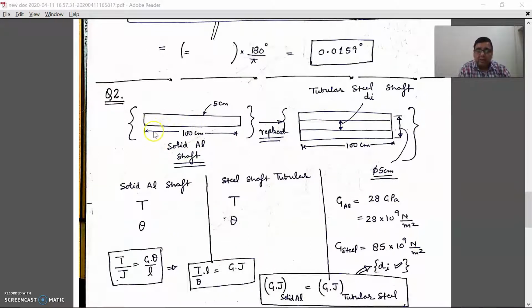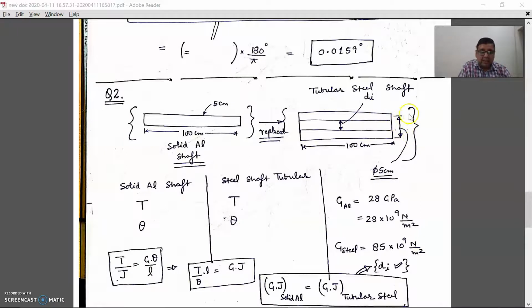Okay, so in this what he said is that they wish to replace this solid aluminium shaft, and length of the shaft is 100 centimeter, diameter of the shaft is 5 centimeter, by a tubular steel shaft in which the external diameter of the tubular steel shaft is 5 centimeter only, but internal diameter you have to find out.